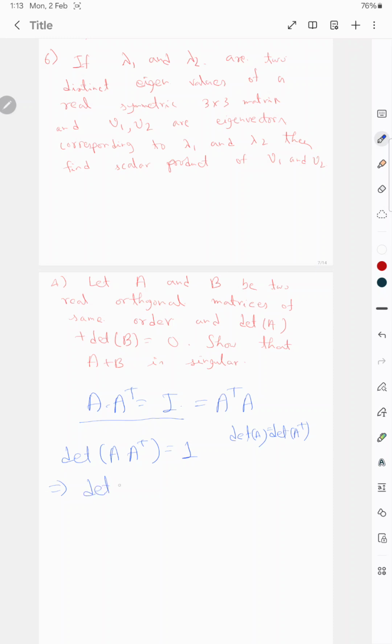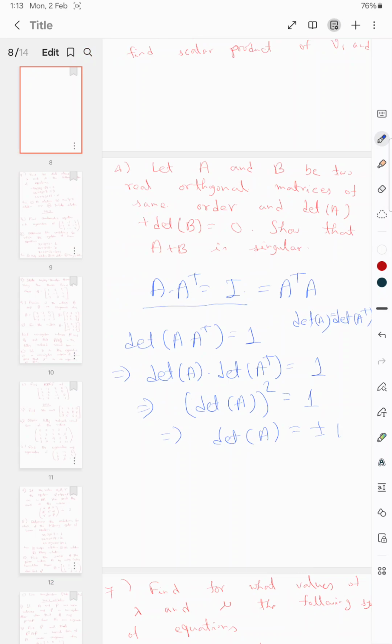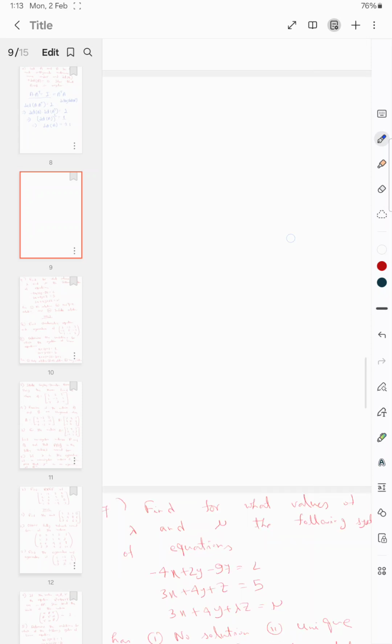And you know determinant of AB equals determinant of A into determinant of B. So from there you have determinant of A square equal to 1, so determinant of A will be plus or minus 1. So an orthogonal matrix has determinant 1 or minus 1.